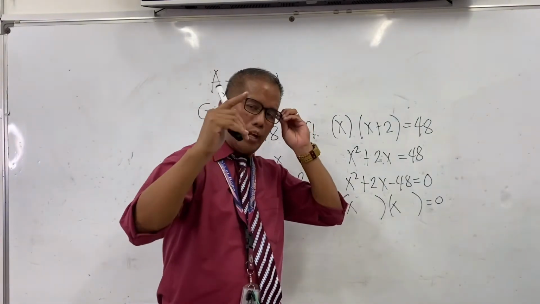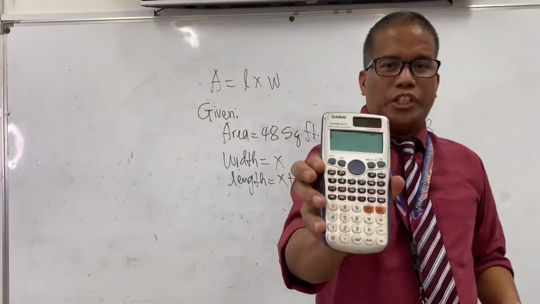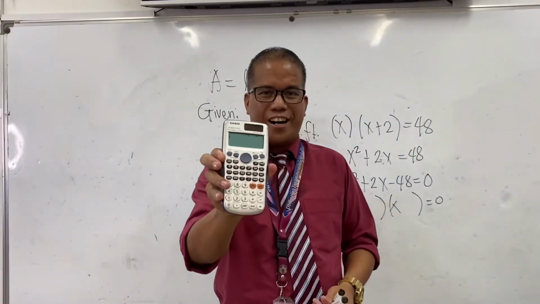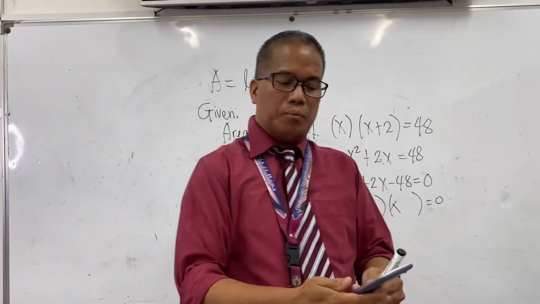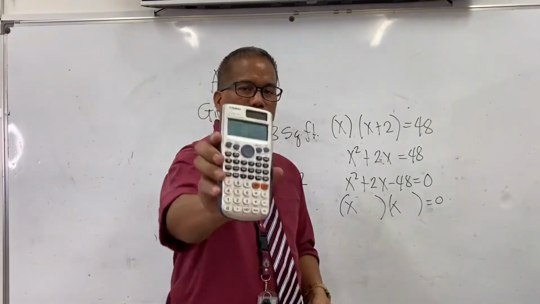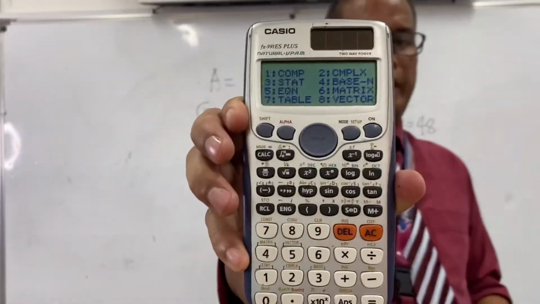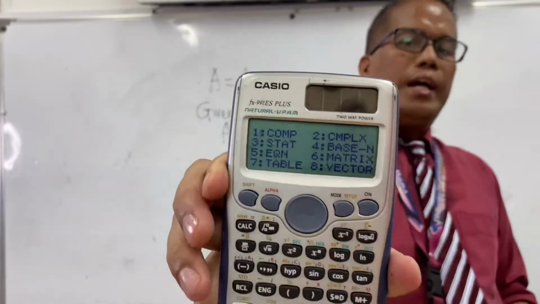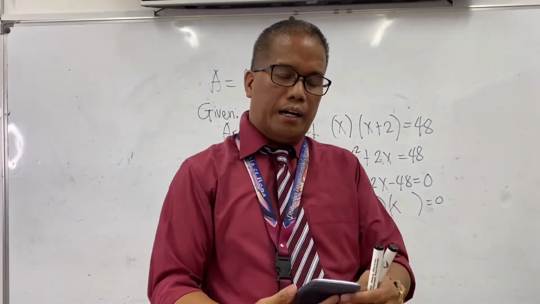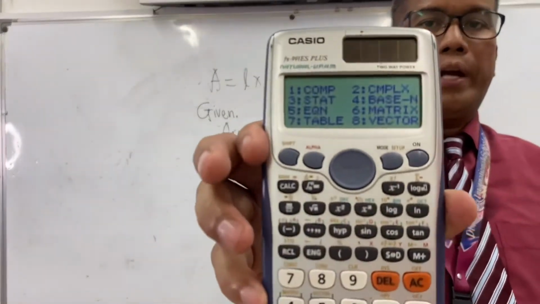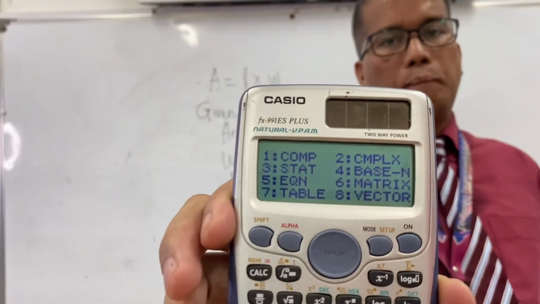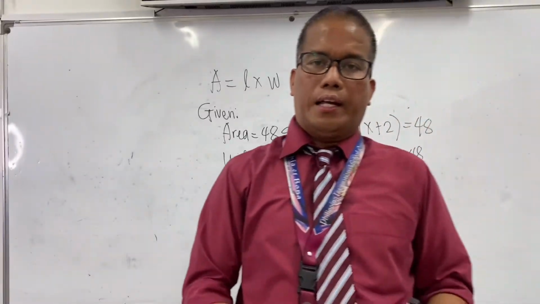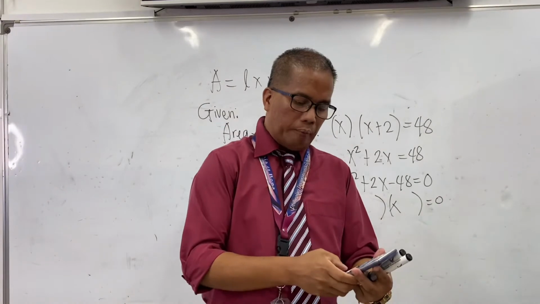So if we have the calculator, you can easily use this calculator, class. Alright, so press mode. So you will see this in the calculator. Then look at here, we have 5 EQN, meaning equation. Press 5.